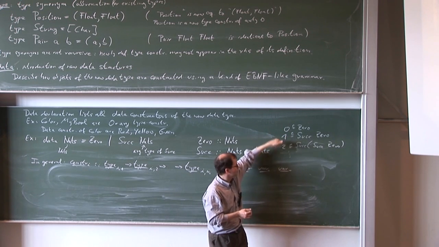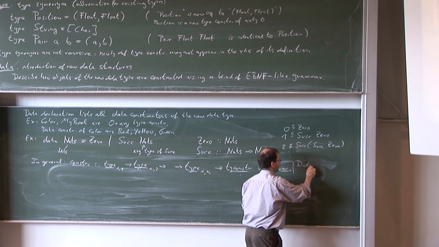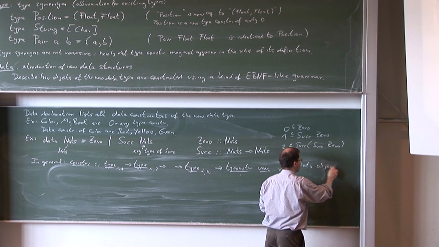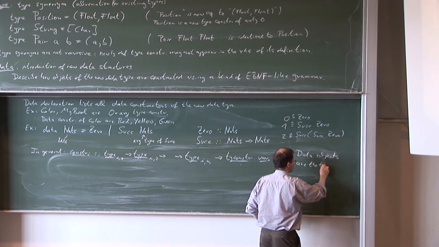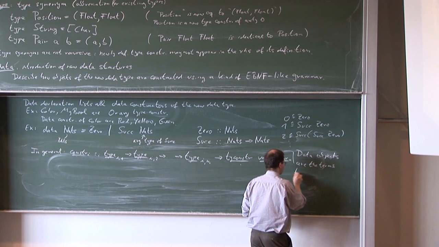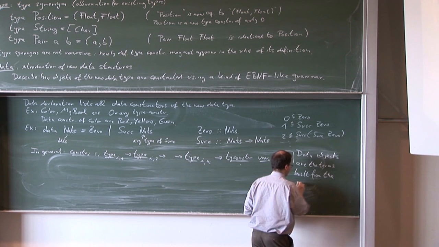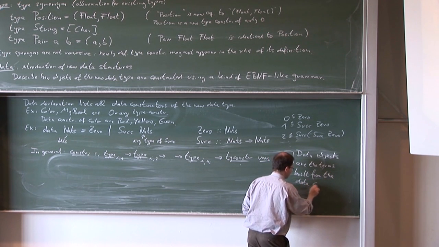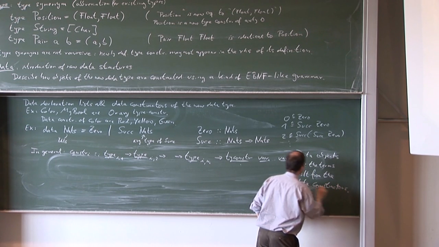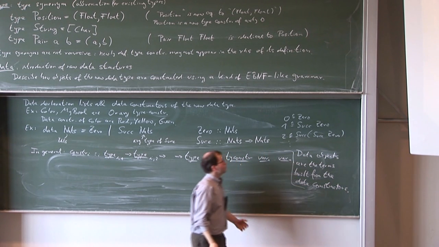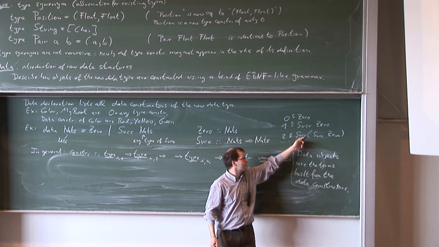Instead of suc of suc 0, you could also think of 2, and so on. So the data objects of such a new data structure are the terms built from the data constructors.